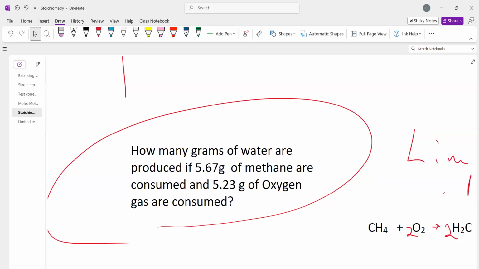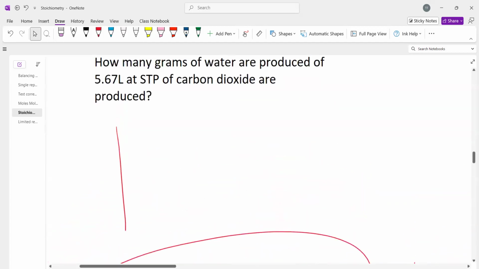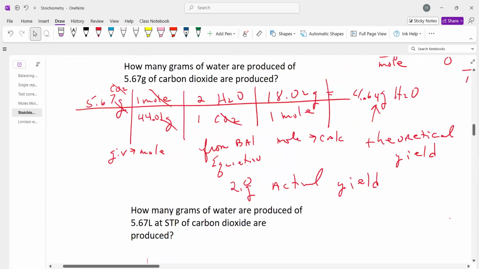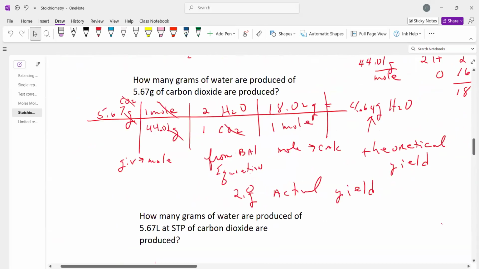See you next week. All right. Now we're not going to do this one today, because unless you know how to do this here, you can't do the limiting reagent, limiting reactant.